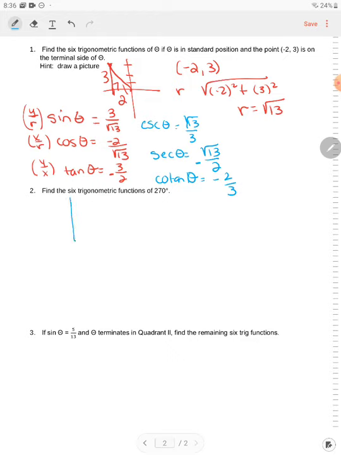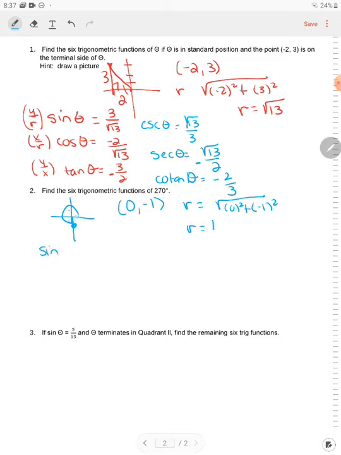Now find the 6 trigonometric functions of 270. So if you graph where 270 is, that's 90, 180, 270. So that goes right here. That's your 270 degree angle. Okay, so we're going to go with that point being 0, -1. So r is equal to the square root of 0 squared plus -1 squared. So r is equal to 1.